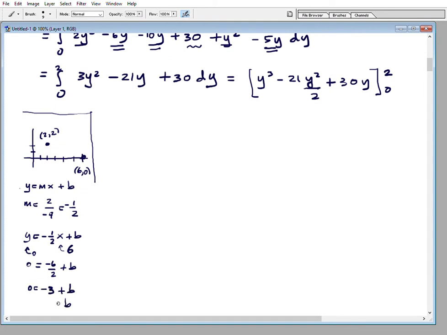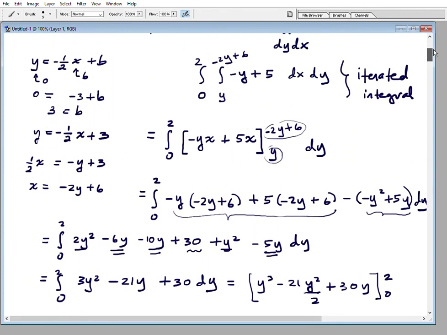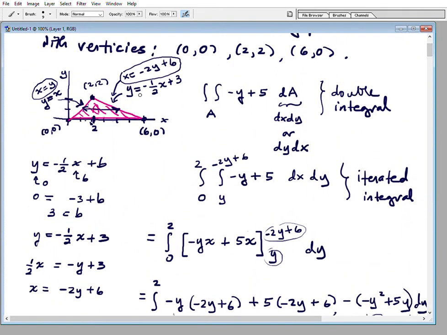So that's how we got b equal 3. So we have y equal minus 1/2 x plus 3. So we got a 3 here. All right, so that's our line.